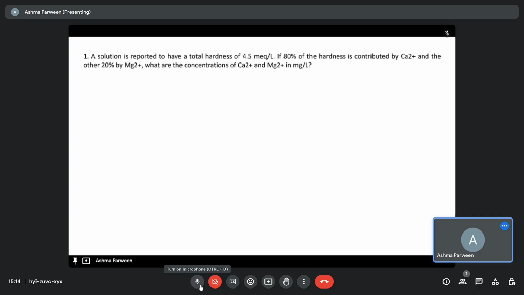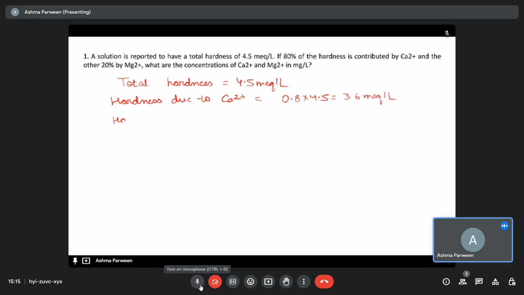So we have been given total hardness, which is 4.5 milliequivalent per liter, and hardness due to calcium is 80%, that is 0.8 into 4.5, that is 3.6 milliequivalents per liter.